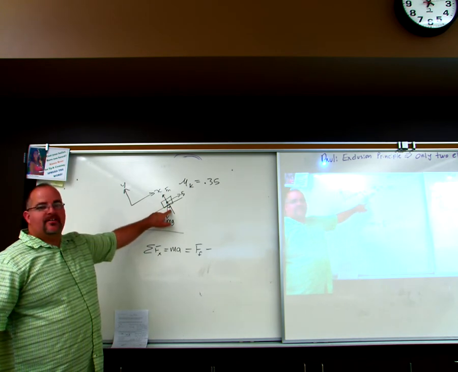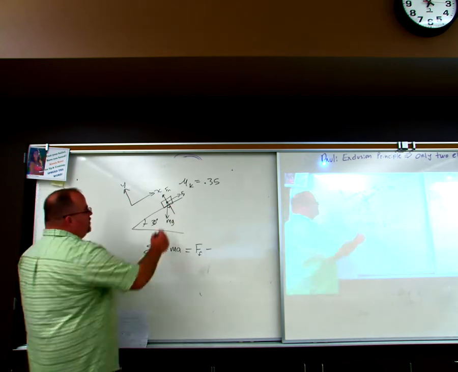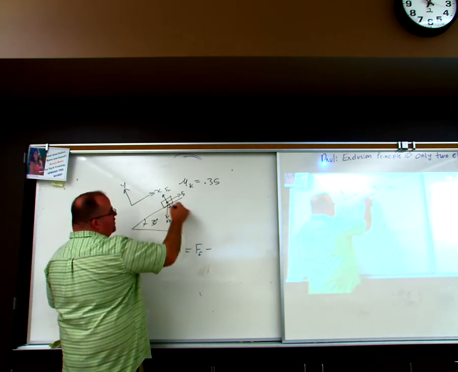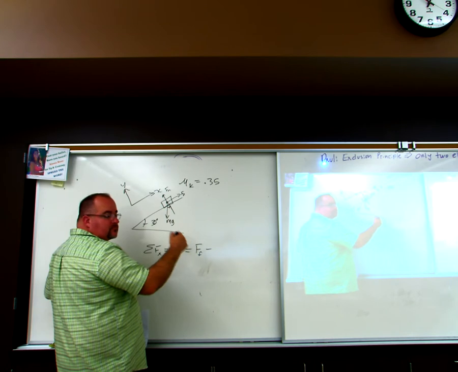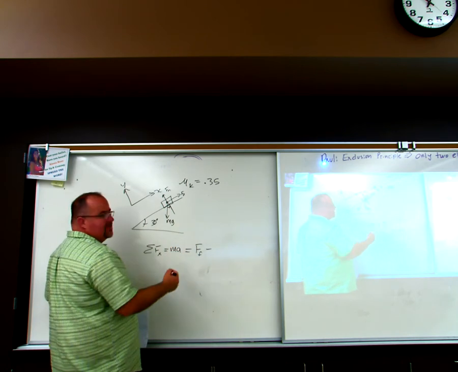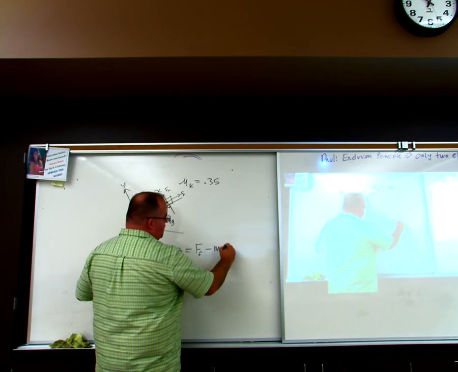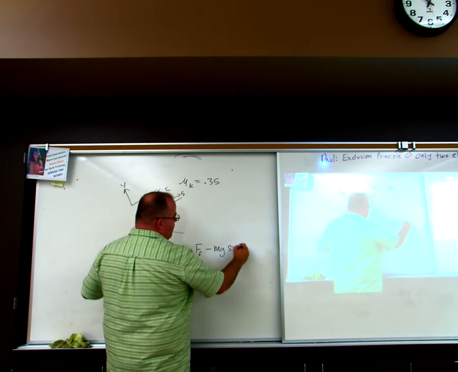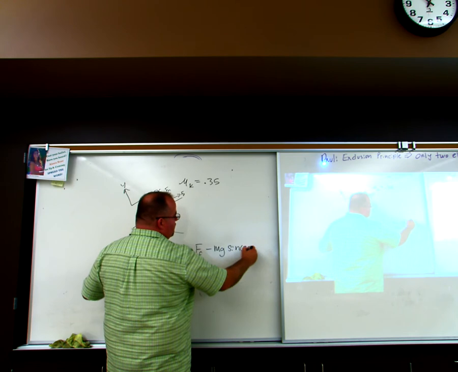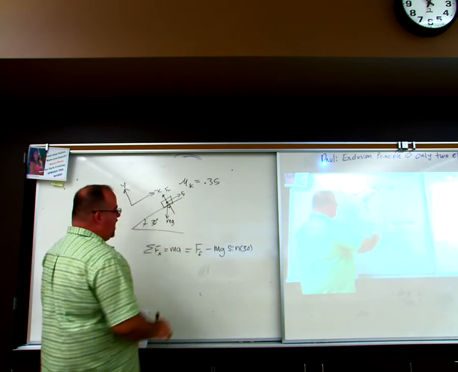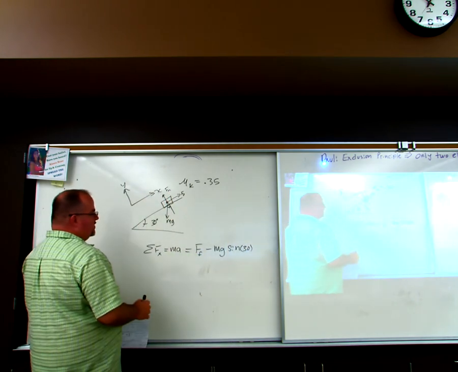Does everybody see that? Okay, so then this is not going to be cosine for x, like normal. Normally the cosine is the x component, but in this case it's going to be the sine. mg sine of 30, which I picked because it's just 1/2. Makes the math a little easier.